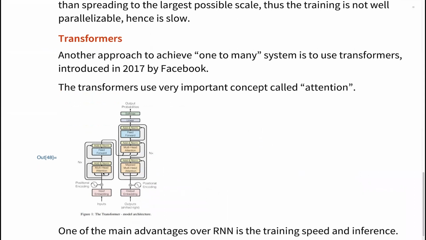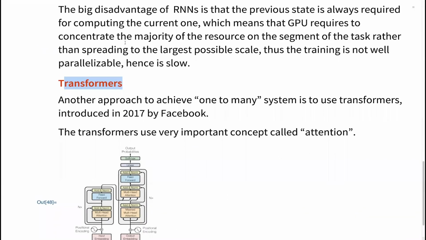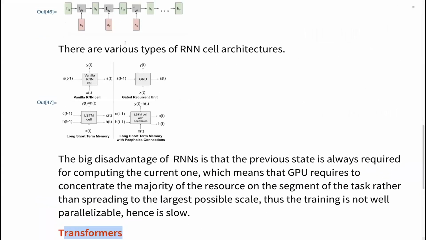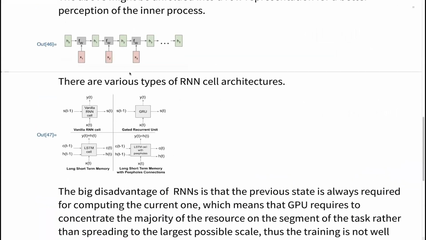One of the main advantages transformers have over RNN is training speed and inference. We're not really going to go into details about transformers during this talk, because our solution is purely based on an RNN plus CNN architecture, and we get pretty good accuracies there. We'll talk about them a bit later.